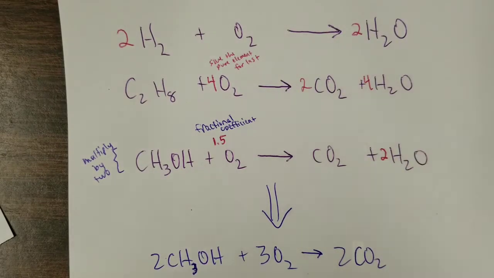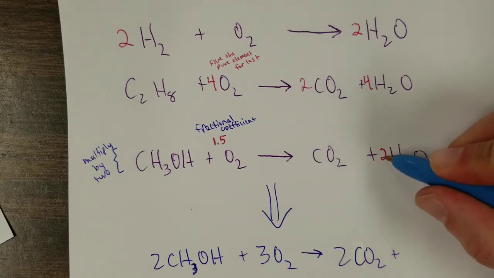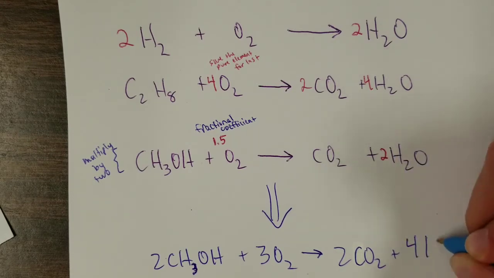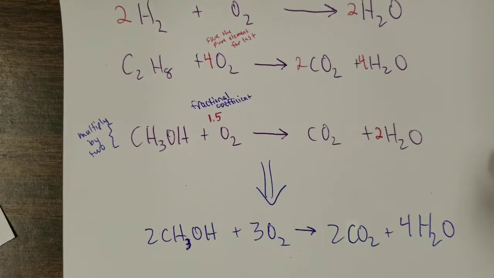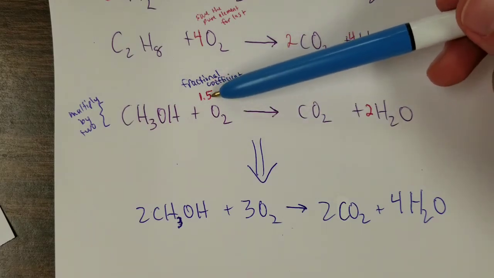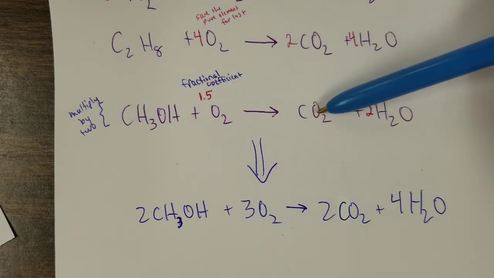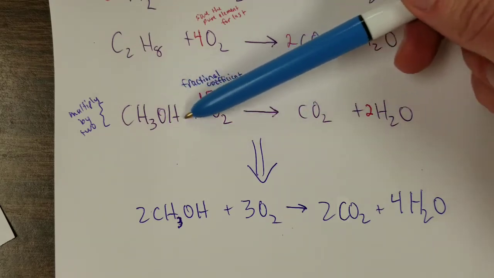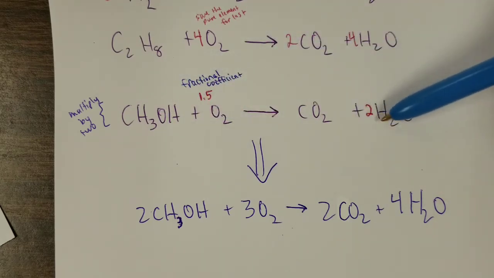Two carbon dioxides, and got to times this by 2 also, 4 waters. That would be how you use fractional coefficients to take what would be rather difficult, trying to turn 3 oxygens into 4, and we check at the end.